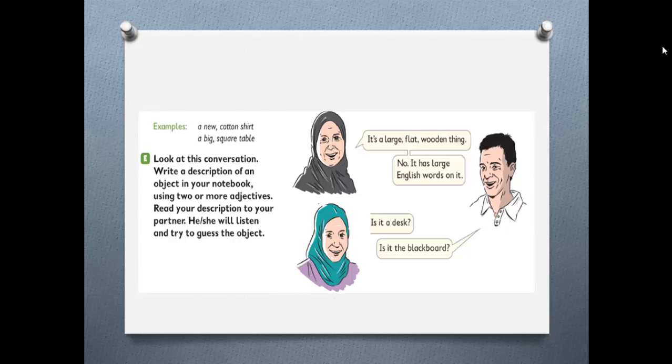Read your description to your friend or partner. He or she will listen and try to guess the object. Like the dialogue here, it's a large, flat wooden thing. No, it has large English words on it. Is it a desk? Is it the blackboard?